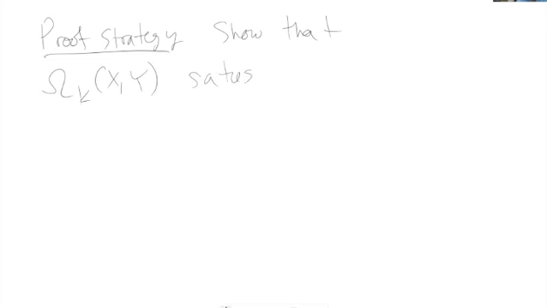Proof strategy: show that omega k xy satisfies the axioms of the nabla operator, which is to say that it's, for instance, triangularity in the dominance order, etc.